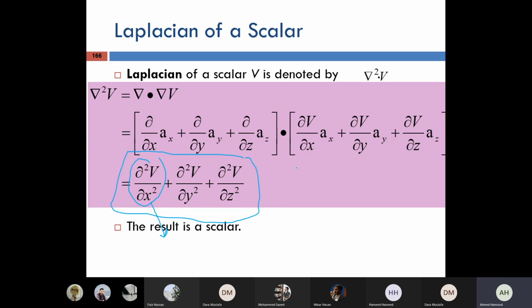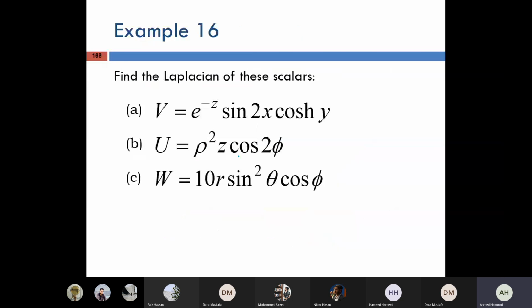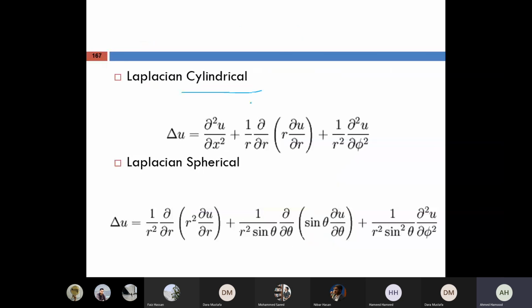Let's say if we have some value, you differentiate 3 times. For example, you have x squared, so it will be 2x, then the second one will be 2, so the answer here is 2. Exactly the same for y, exactly the same for z. This is for cylindrical and this is for spherical as well.